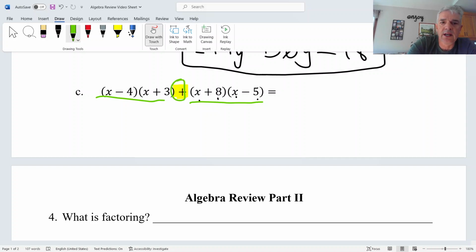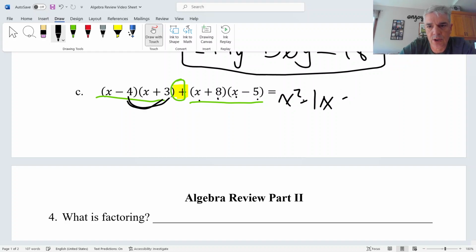So I can do each of these and then add the terms together by simplifying. The first one is going to be x squared, and then I'm going to add these two to get the middle term, which will be minus 4 and 3, is minus 1x. And then I'm going to multiply those two right there, which is minus 12, 3 times 4.